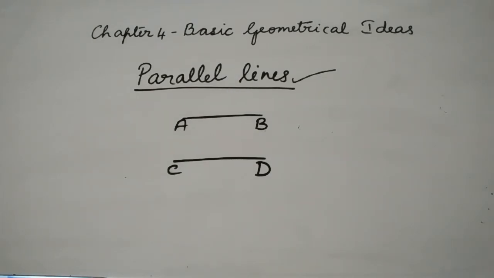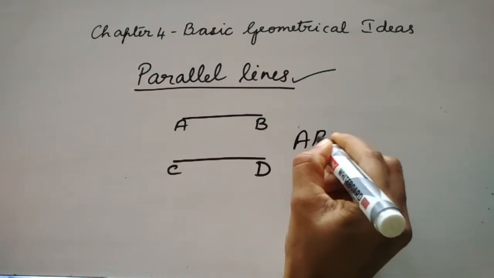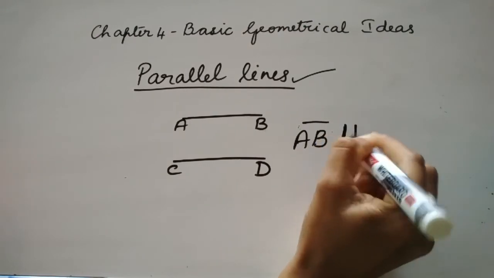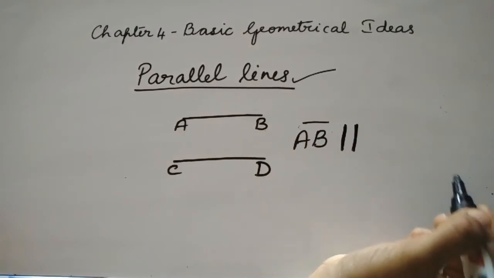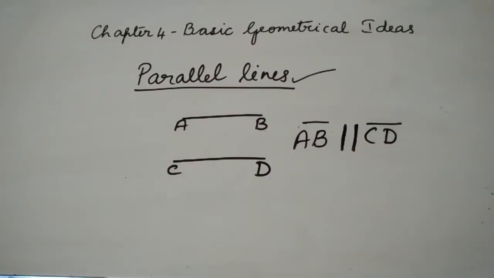So if two line segments are parallel, we write it as AB parallel, this is the parallel symbol, two vertical lines, parallel to CD.